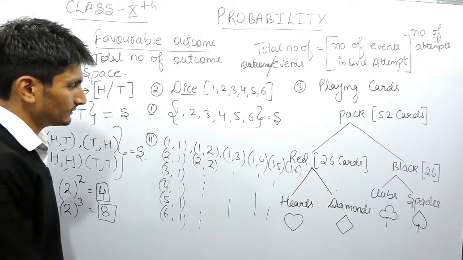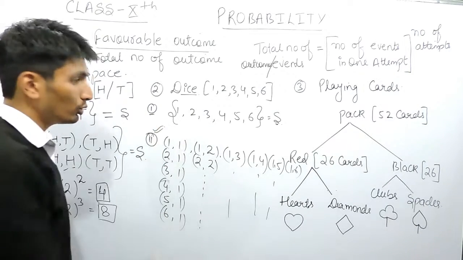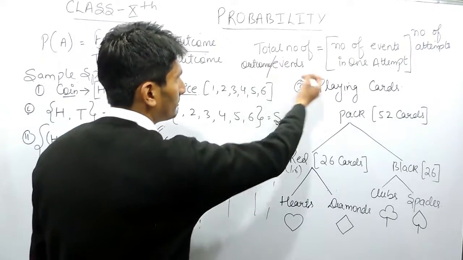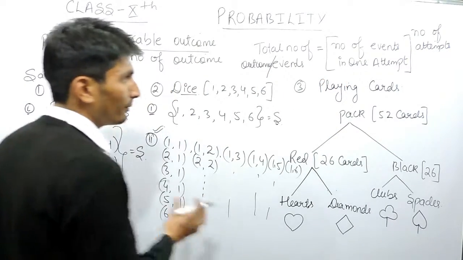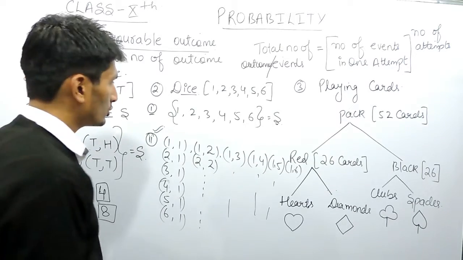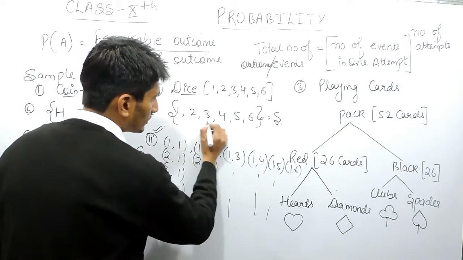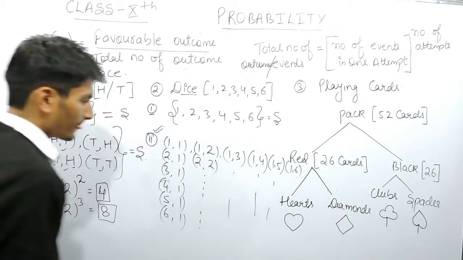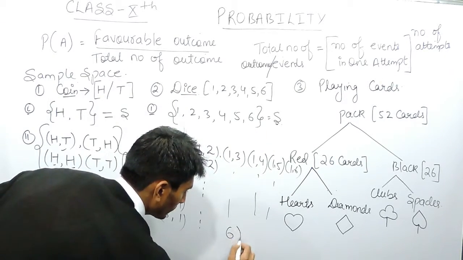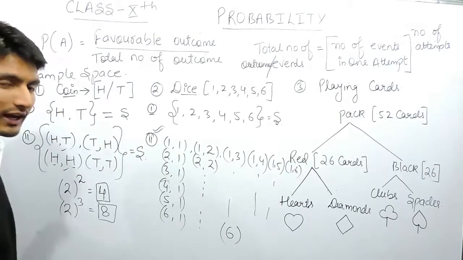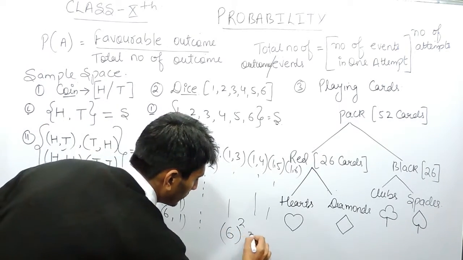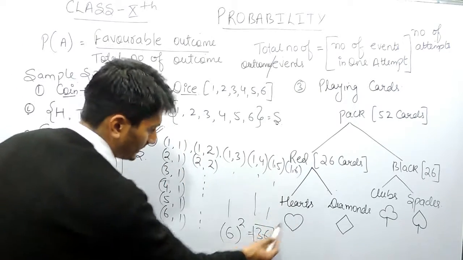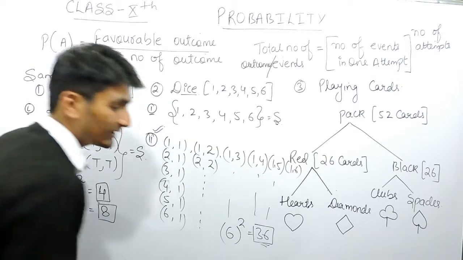In this case, if you are rolling 2 dice and you want to find the total number of outcomes, it can be found by this same formula, the number of events in one attempt. There are 6, and because you are rolling 2 times, the total number of outcomes in this case will be equal to 36.